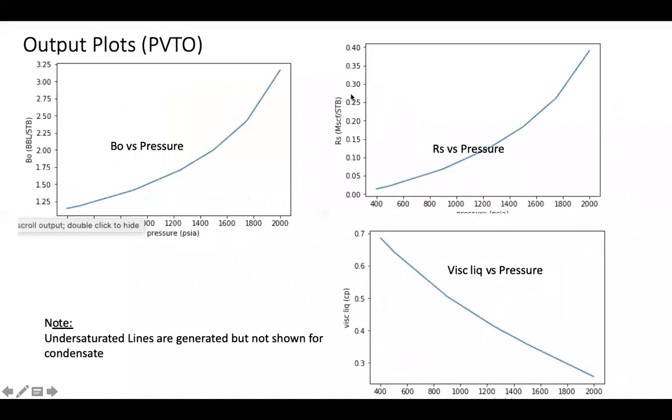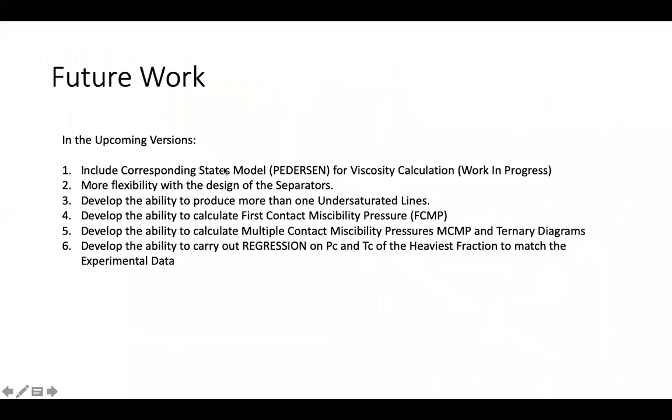And formation volume factor versus pressure, RS versus pressure, and viscosity of liquid versus pressure. If you're worried that I'm not showing you the undersaturated line, it's generated, but I'm just not showing it over here. It's just showing the saturated line for formation volume factor. Okay, this is future work, of course.